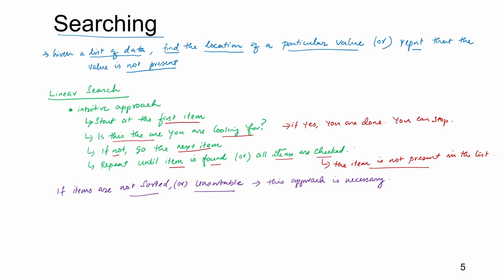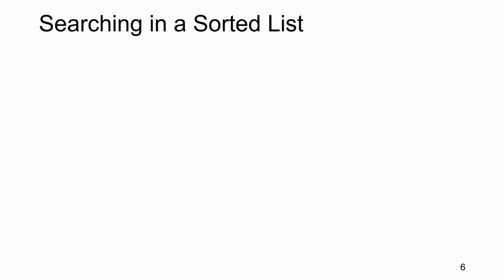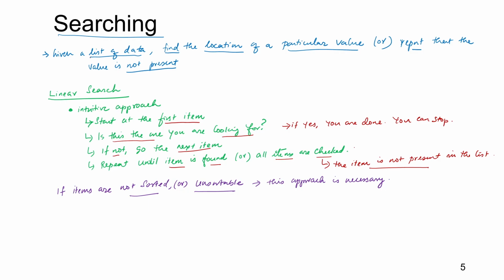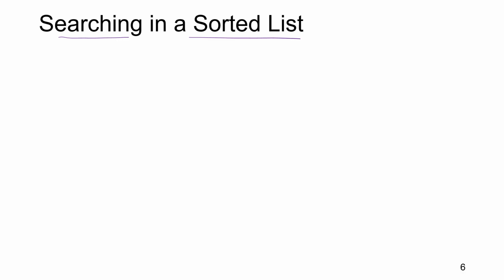Okay. Now, how do you search in a sorted list? We are saying that given a list of data, this is the starting point, and that list is given to you sorted.